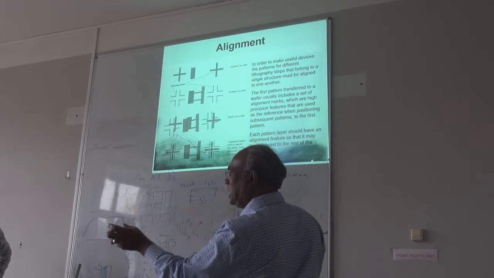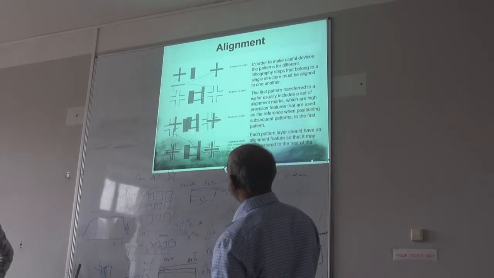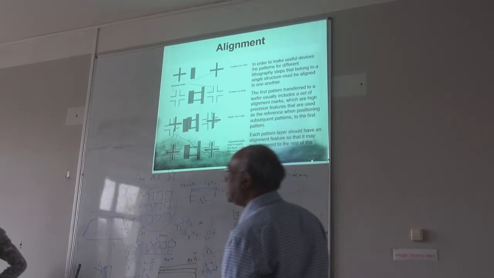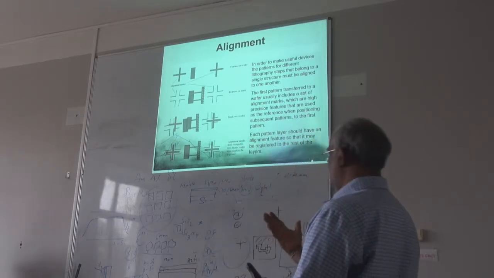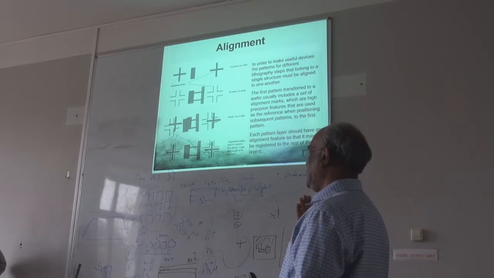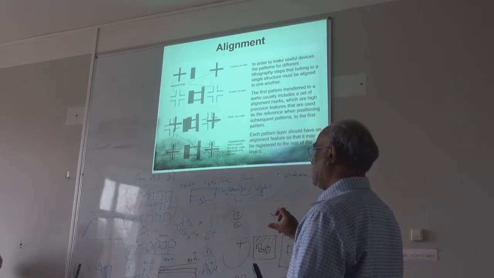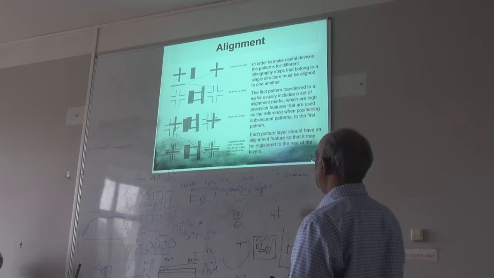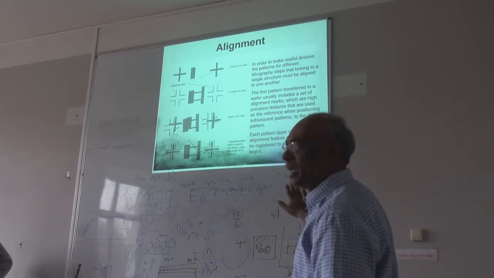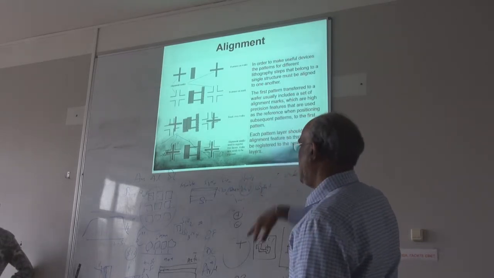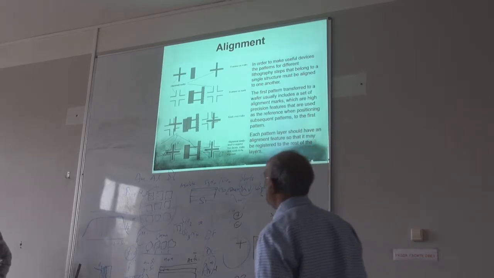Then like you said, either the wafer or the mask you can turn to make it exactly like this. If you do this, you can see it on the computer screen, or a microscope. So then once you do this, now you know they are nicely aligned. Then you can do whatever the next step is.